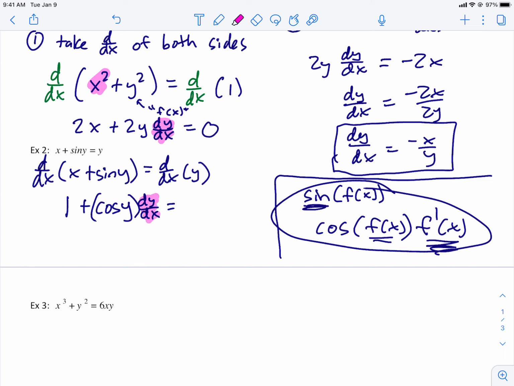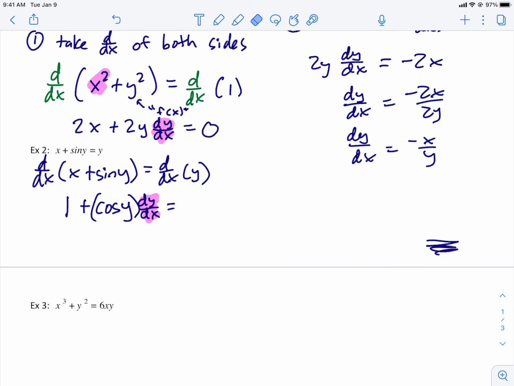But that's essentially it. Anytime you have a y involved, that's where the dy dx will come in. That's what we're trying to find, right? On the left-hand side, this is just going to be dy dx.